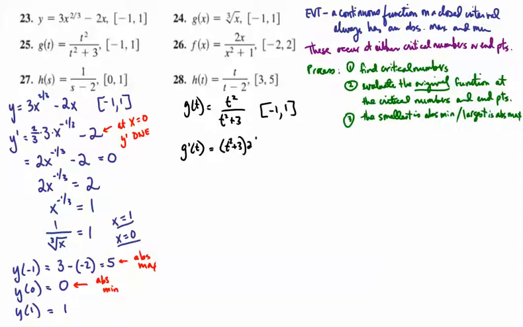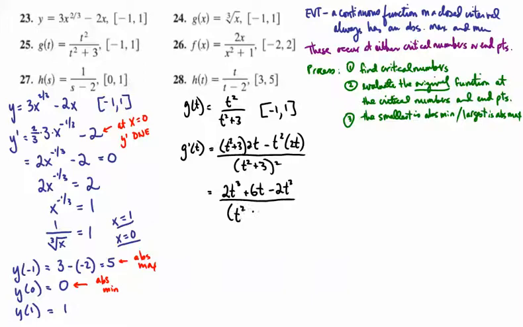D high minus high, D low, all over low squared. We'll simplify that up and we get 2t cubed plus 6t minus 2t cubed, and so those 2t cubes will cancel out.